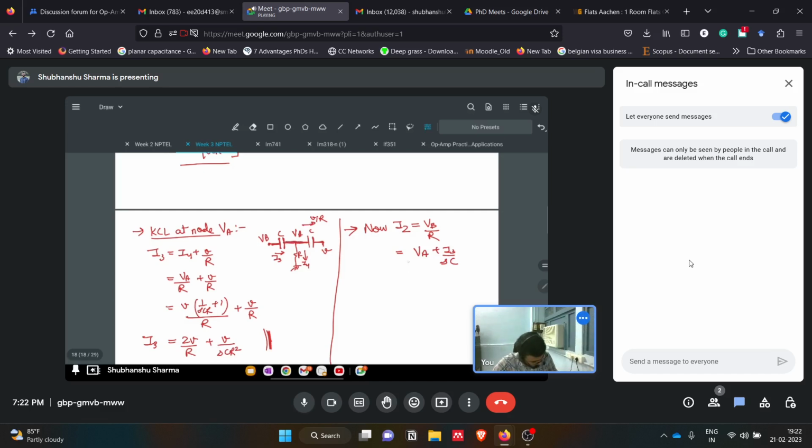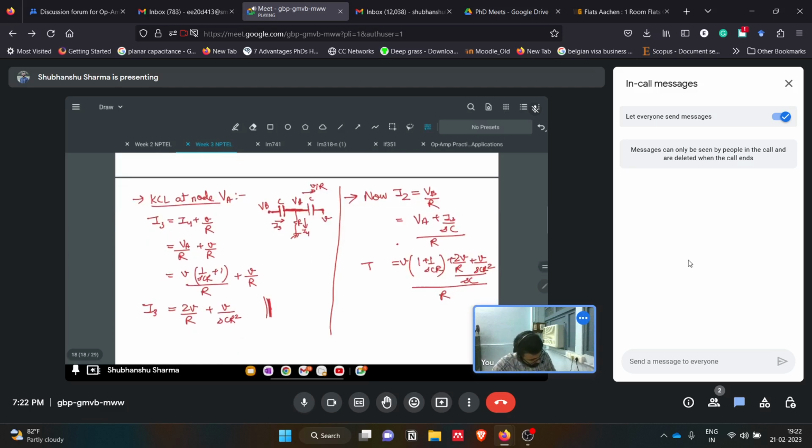So it will be divided by R. So it will be V. We are substituting VA from the previous equations. 1 plus 1 by SCR plus 2V by R plus V divided by SCR square by SC divided by R. So this is I2.